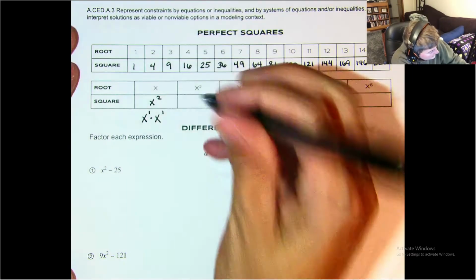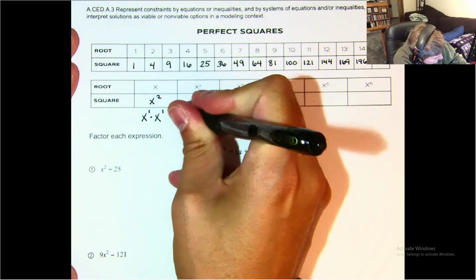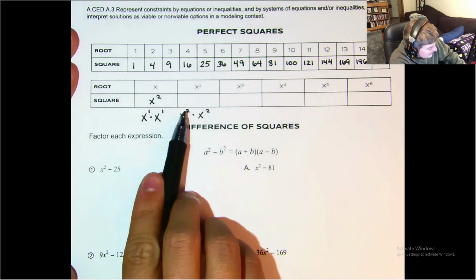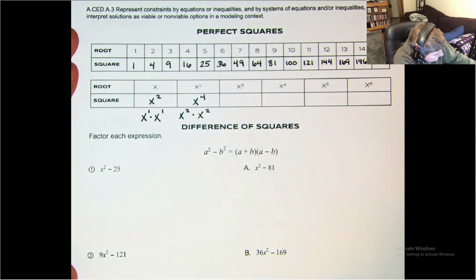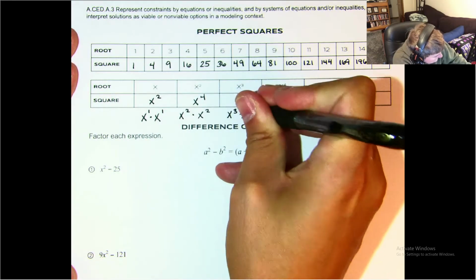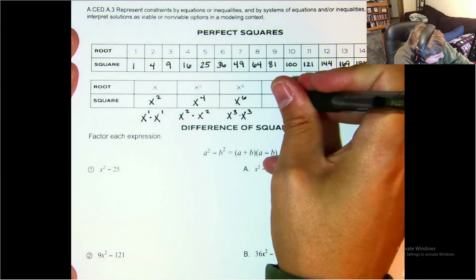If I wanted to figure out the perfect square of x squared, I would have x squared times x squared, which again, I would add the exponents to get x to the fourth. Here, x to the third times x to the third would be x to the sixth. You may have figured out the pattern here.